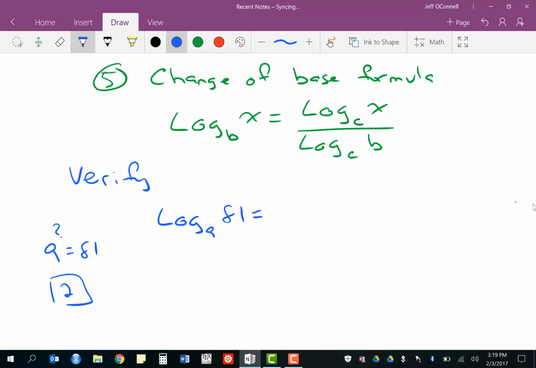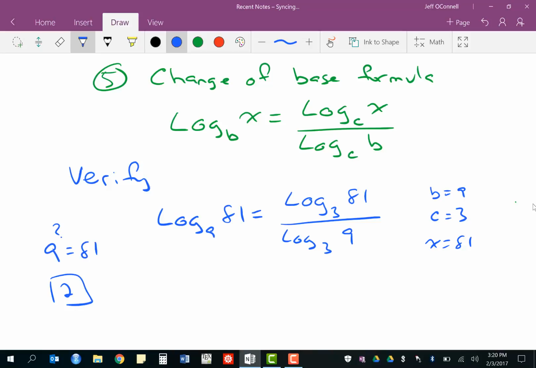And I'm going to check this property by seeing if it is the log base 3 of 81 divided by the log base 3 of 9. And so just so that you can kind of piece these things together, my value of b is 9 and my value of c is 3. I'm changing the log base 9 into log base 3, and I've got that x is equal to 81.